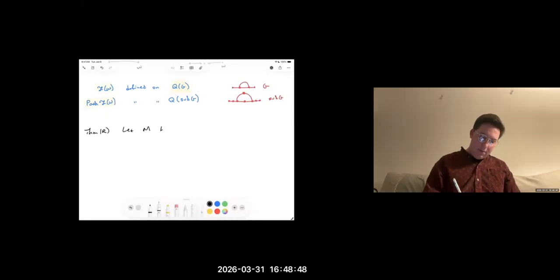Let M be a model category with all objects fibrant and all Cartesian projections, so I'll just say projections, are fibrations.